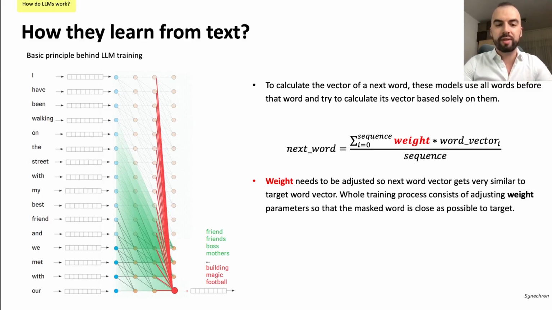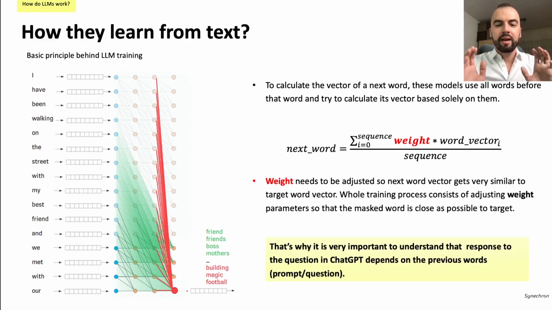You need huge amounts of data. But what is important to understand from this? This is why it's very important to understand that every answer you get in ChatGPT is depending on words that appeared before it. So it really depends on how do you ask it. That's the thing that we should remember from this slide.